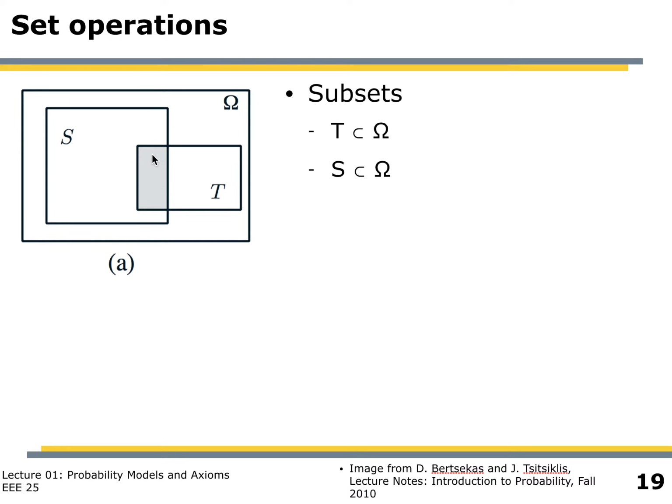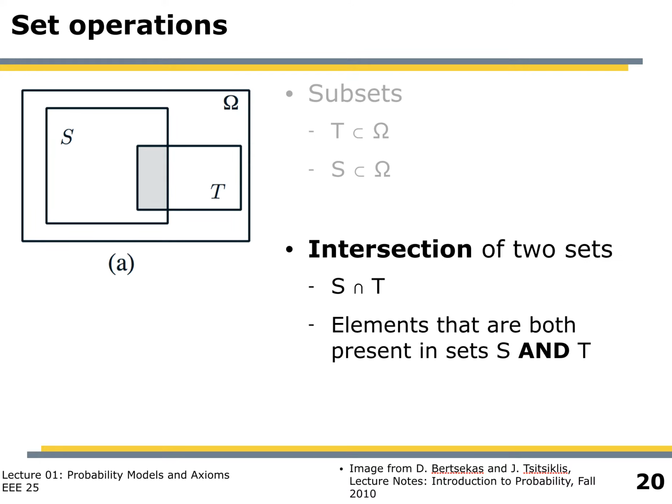This shaded region right here refers to the intersection of two sets S and T. The notation for the intersection is this image right here that looks like an inverted U. When we say intersection of two sets, we are referring to elements that are present in both sets S and T.